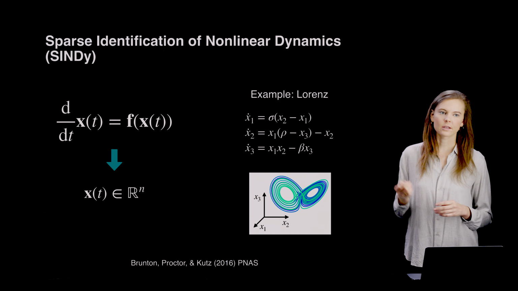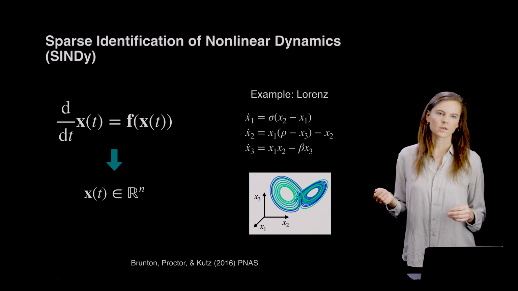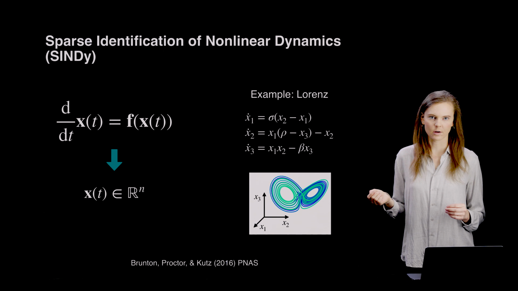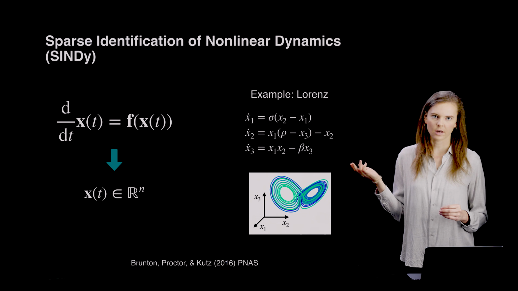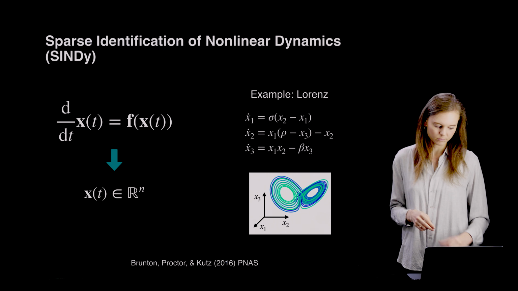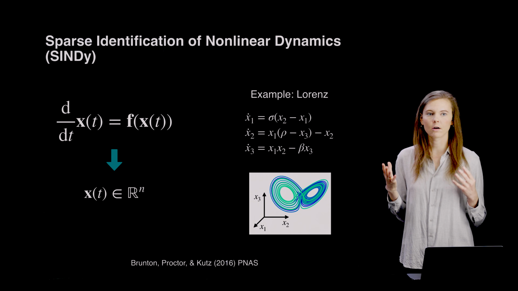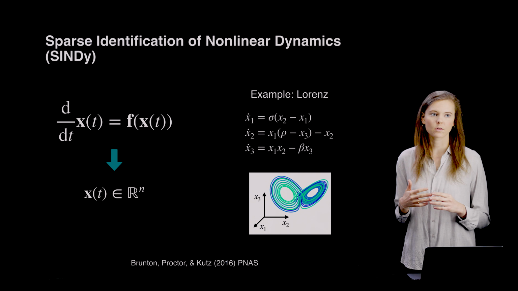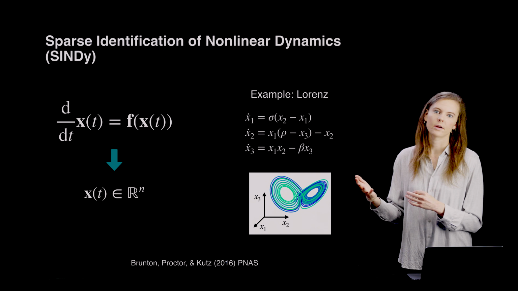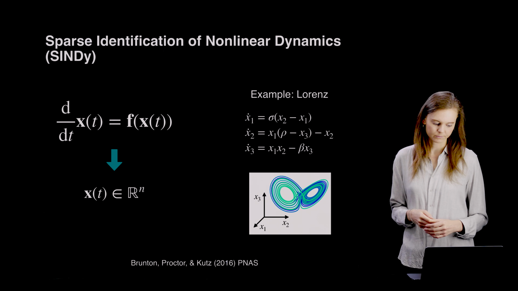For example, when we're looking at this Lorenz system here, even if we only consider a basis of polynomials of your state variables up to cubics, there are still relatively few terms in the dynamics in this equation. So SINDy sets up the problem of discovering the underlying equations as a sparse regression among a library of possible terms in your function f.